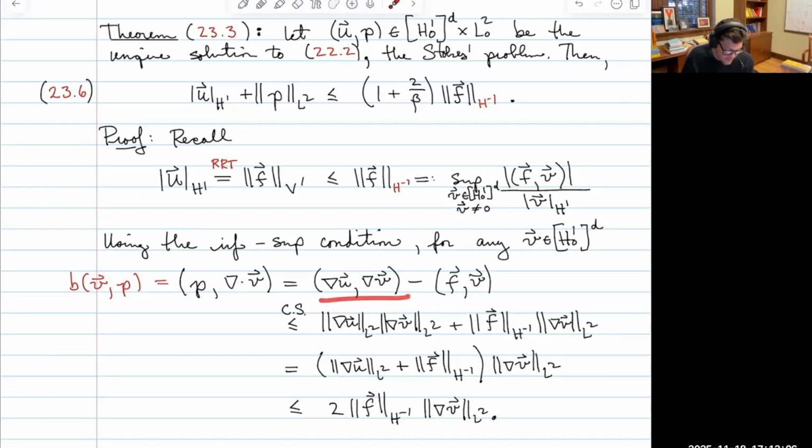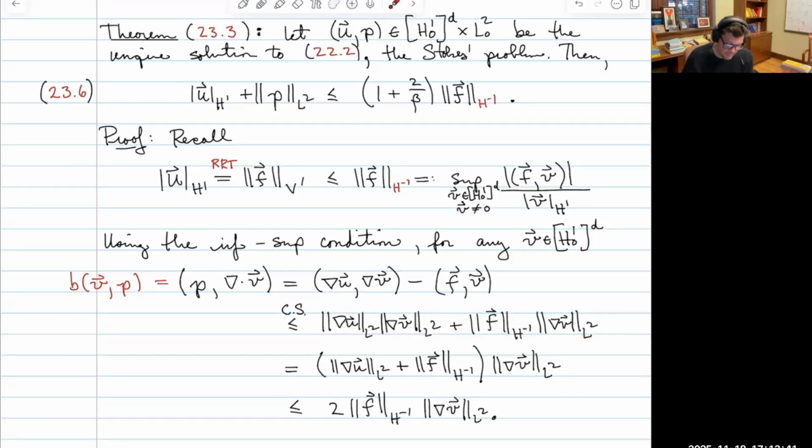Taking the Cauchy-Schwarz for this, we get the L2 norm of grad u, L2 norm of grad v, plus, it's not hard to show that relative to your H^{-1} norm, we can show that the inner product of f and v is less than the operator norm of f times the H1 seminorm of v.